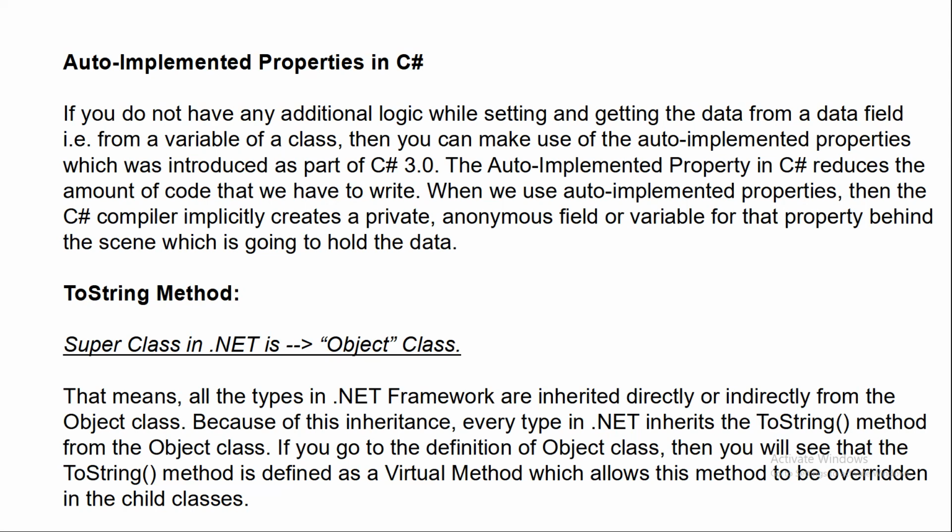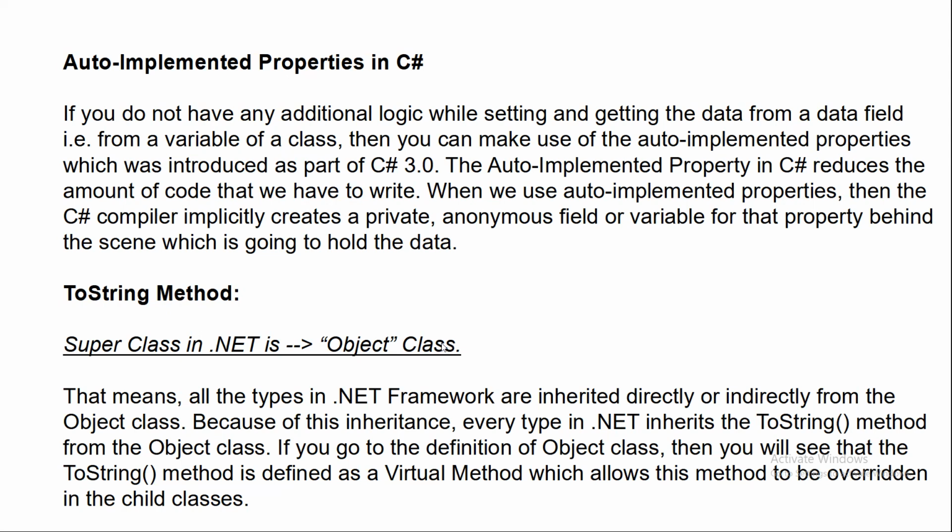But in this hierarchy, at the top level, the parent level is called the superclass. That superclass name is object. Don't get confused: an object is an instance of a class, but here the class name itself is object. The high level parent class in .NET is the object class.